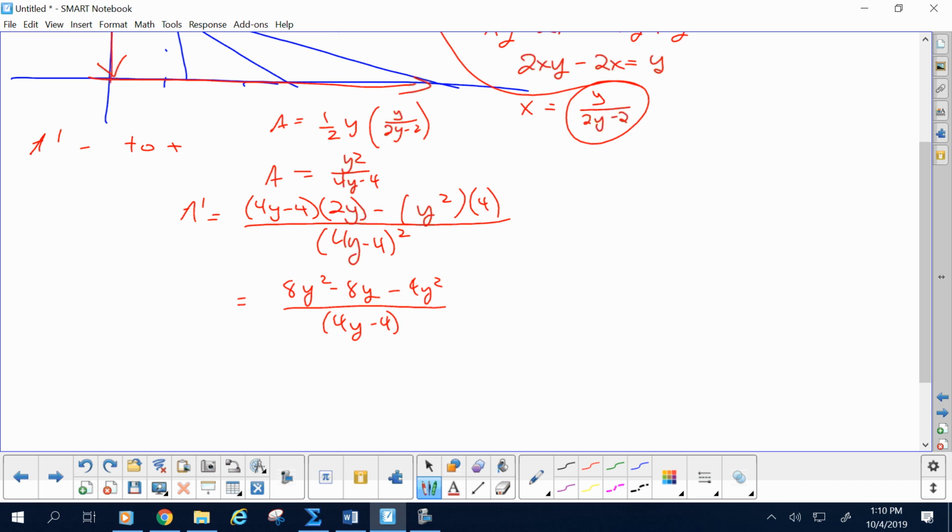Just doing my thing. Let's see here. 4y squared minus 8y over 4y minus 4. 4y factored out, y minus 2. Okay, what are your critical numbers? Y equal? Talk to me, people. 0 and 2 and 1.